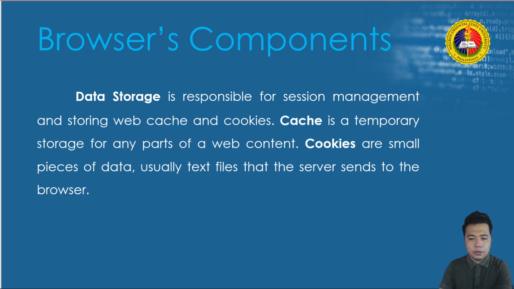Data storage is also responsible for saving web cache and cookies. Cache, if you have noticed on your Facebook app on your phone, even if you are offline, you can still view the Facebook posts and other contents since the last time that you were online.